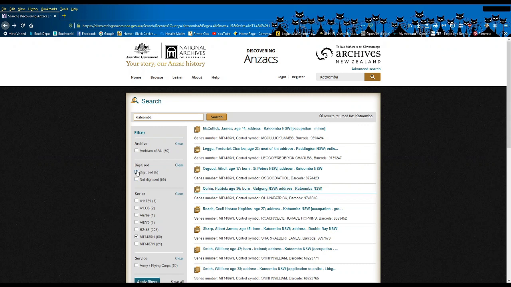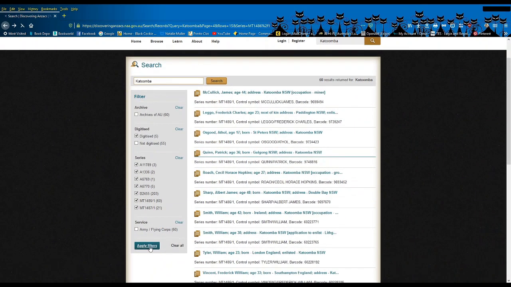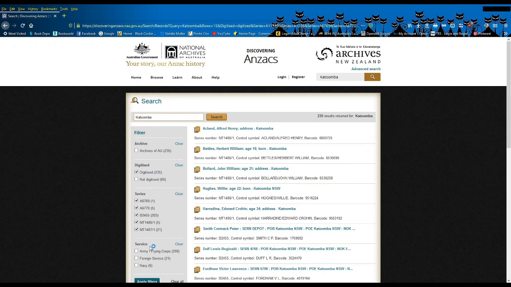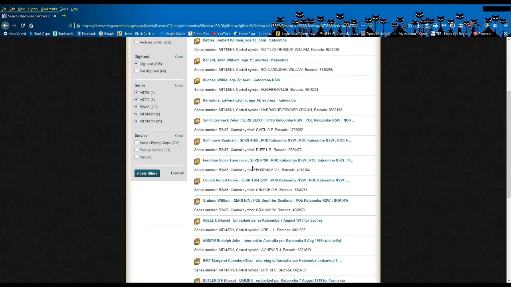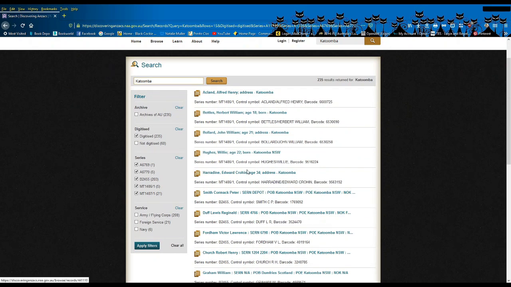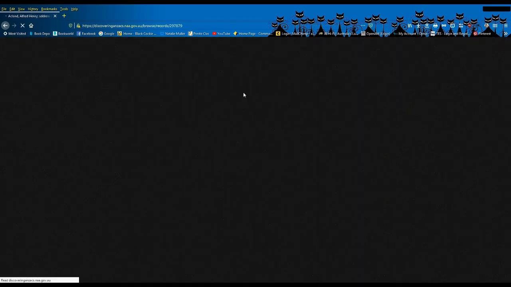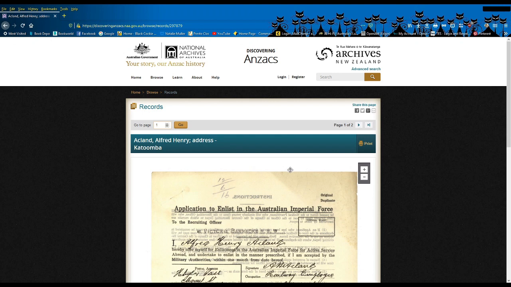Then because I was getting so many dud files, you go to the side here and you can click on filters. So one of the things that I decided to filter out was, okay, I only want things that have a record attached to them, and that made searching it a lot easier. So I was able to find people who had a record, and then we could actually have a look at some of these records.